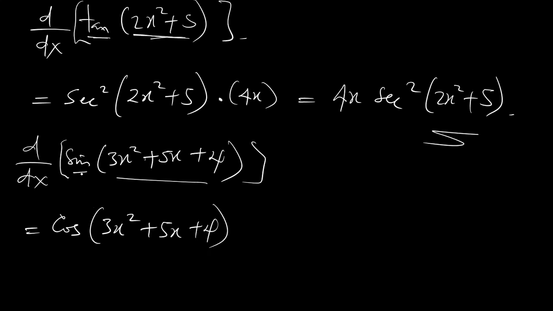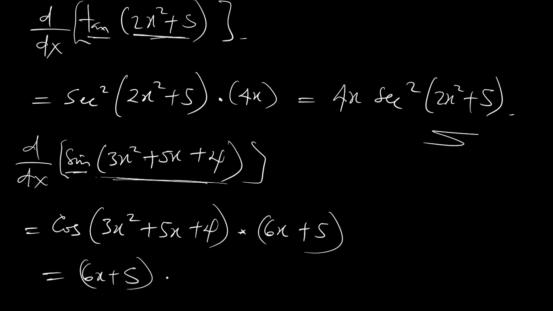So you're differentiating this with respect to this function inside here, and then times the derivative of this function with respect to x, which is 6x plus 5. So this will give you 6x plus 5 cos 3x squared plus 5x plus 4. This is the final answer.